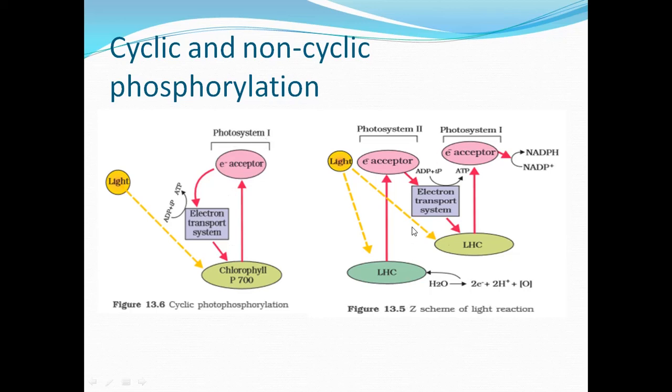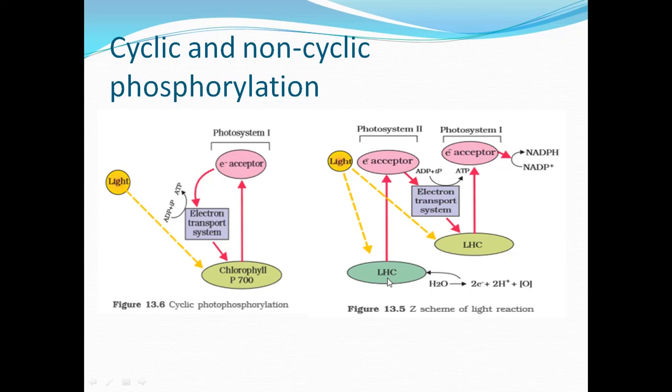But in non-cyclic photophosphorylation, both photosystem 1 and photosystem 2 are involved. Light harvesting complex of photosystem 2 absorbs sunlight and releases electrons, which are accepted by an electron acceptor, and this electron then passes through the electron transport chain and reaches the light harvesting complex of photosystem number 1.